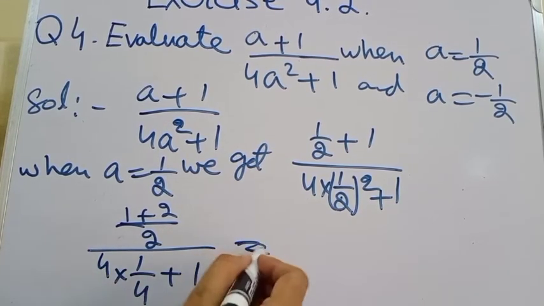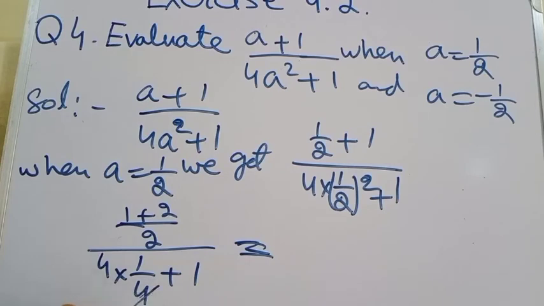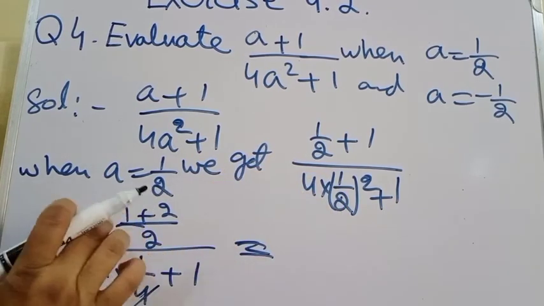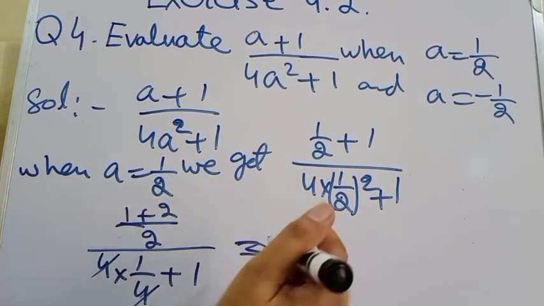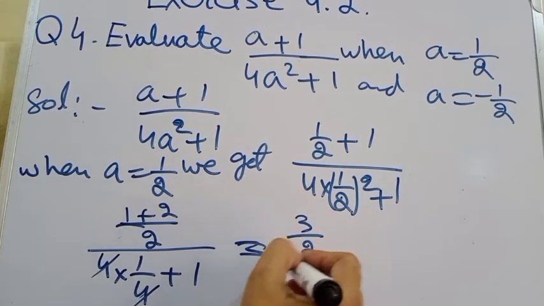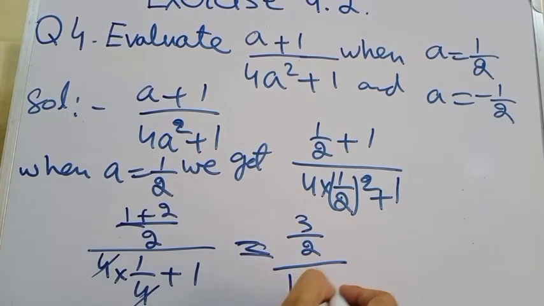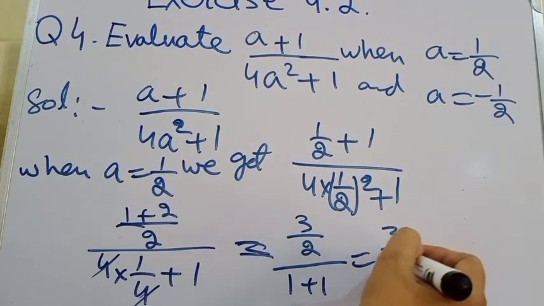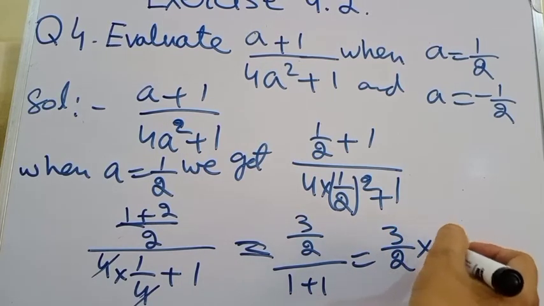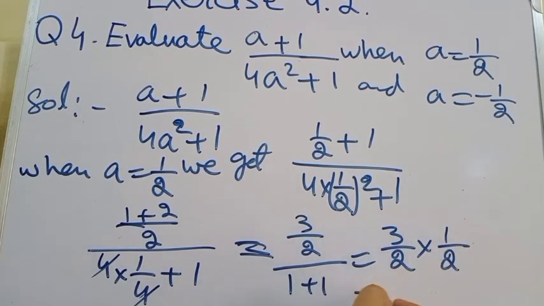This is equal to, this 4 cancels by this and this gives us 3 by 2. 3 divided by 2 whole divided by 1 plus 1. This is equal to 3 divided by 2 multiplied by 1 divided by 2, and we have answer 3 divided by 4. That's answer.